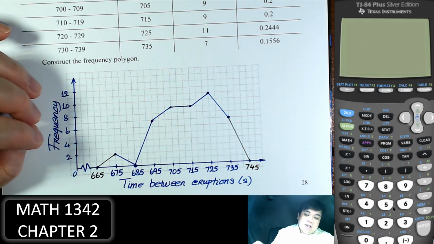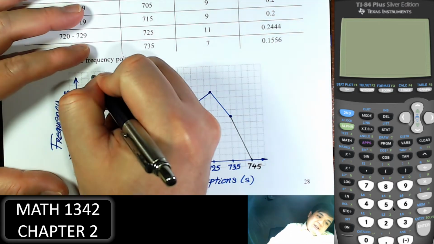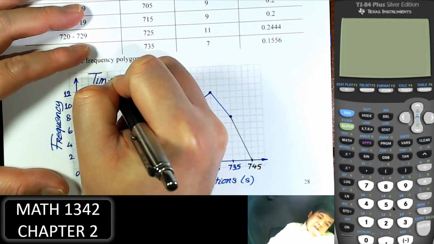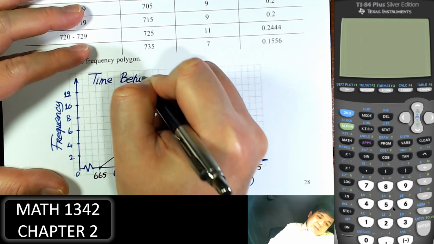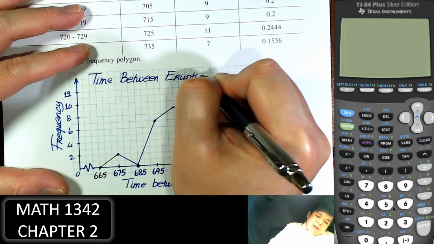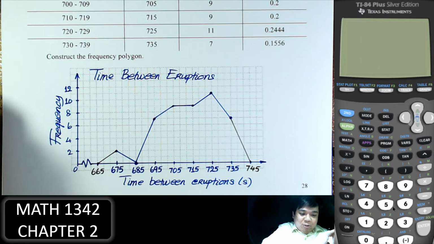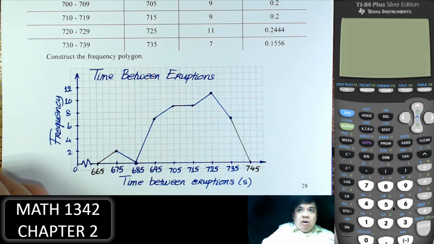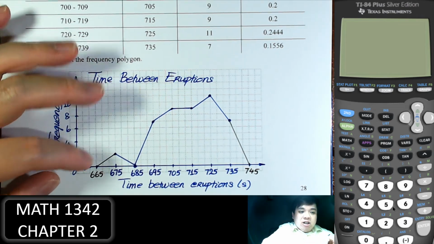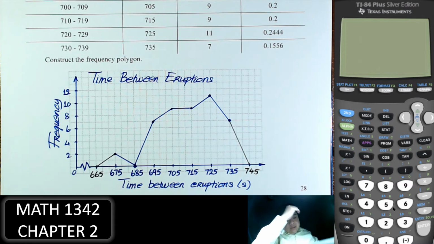The graph title will be time between eruptions. Usually we don't have to say the type of graph, such as the frequency polygon for the time between eruptions. We just give the name for it, and the type of graph explains itself. So that is the frequency polygon.